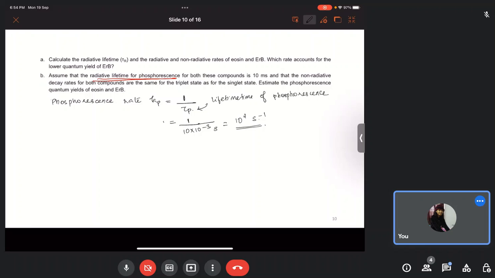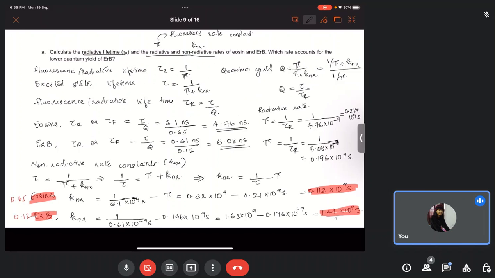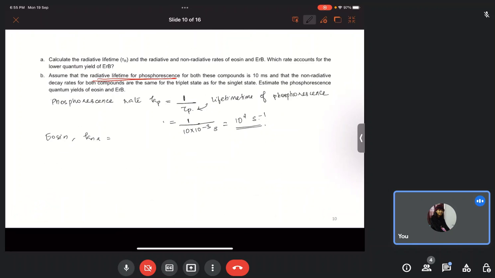So for eosin, KNR we have found out to be 0.112 into 10 to the power 9. Now you have to find the quantum yield Q. Q is equal to K phosphorescence divided by K phosphorescence plus KNR. So this is 10 square divided by 10 square plus 0.112 into 10 to the power 9 second inverse. Everything is in seconds.